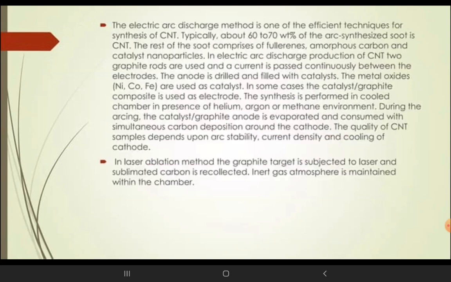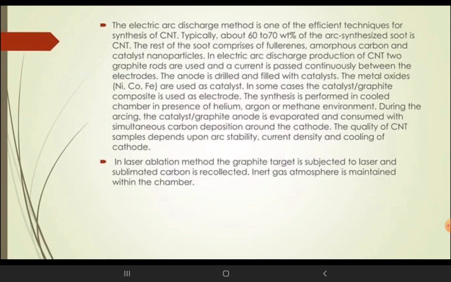The electric arc discharge method is one of the efficient techniques for synthesis of CNT. Typically, about 60 to 70 weight percent of the arc-synthesized soot is CNT, and the rest of the soot comprises fullerenes, amorphous carbon, and catalyst nanoparticles.